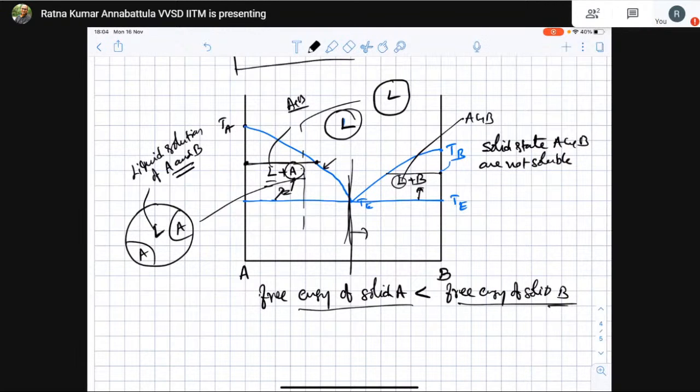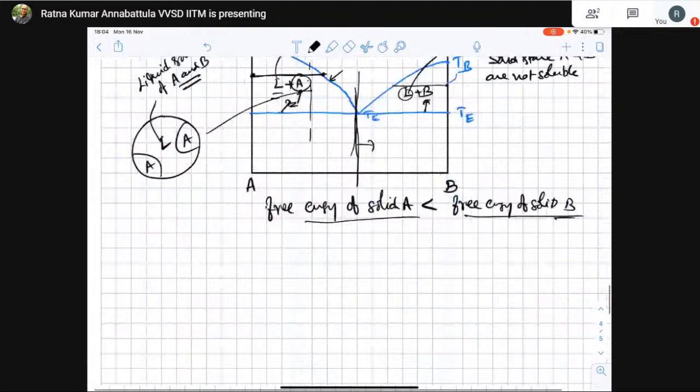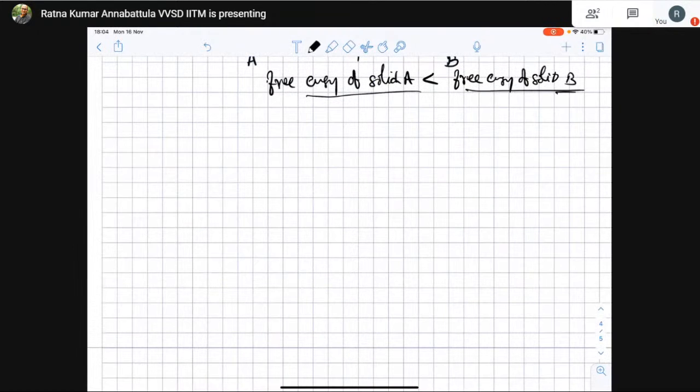So the lever rule is pretty straightforward. Okay. I will explain the lever rule. So you have... Okay, so this is my TA. I'm doing it TB. I'm doing it for type 3 alloys.